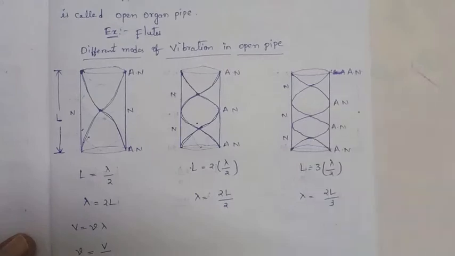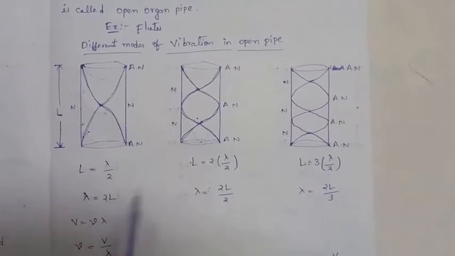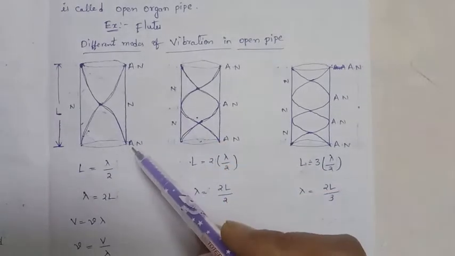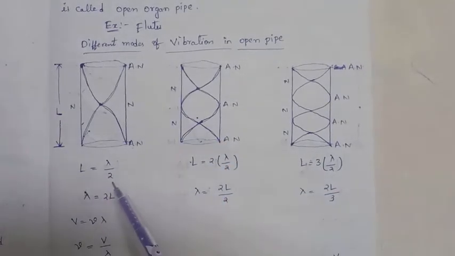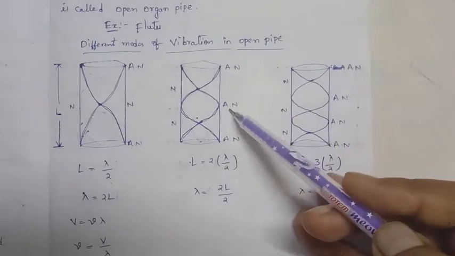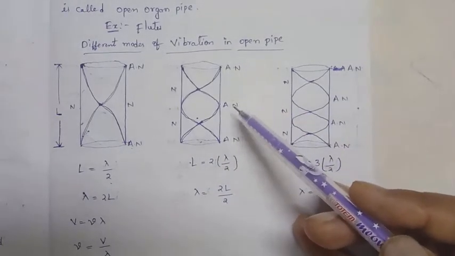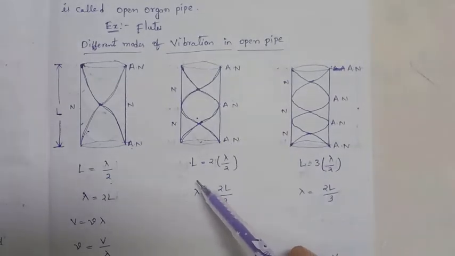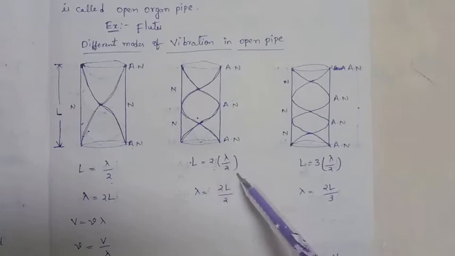In case of the first mode, what is the distance from antinode to antinode? Lambda by 2. But in case of the second mode, antinode to antinode is lambda by 2, and again antinode to antinode is lambda by 2. In total the distance L is equal to 2 into lambda by 2.